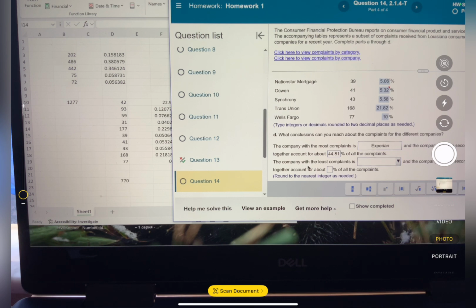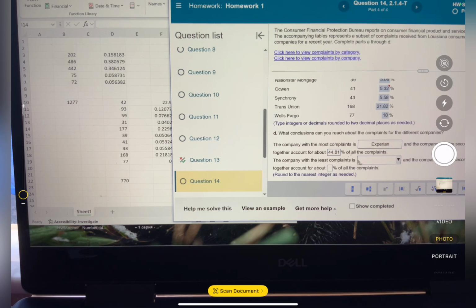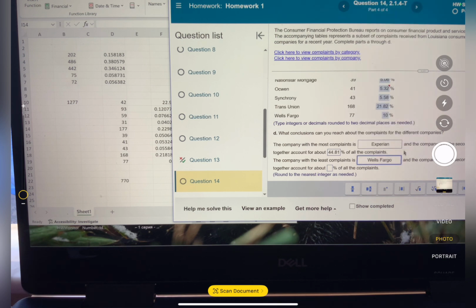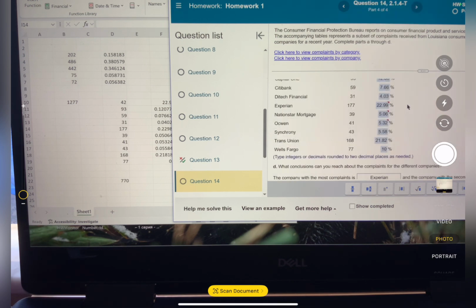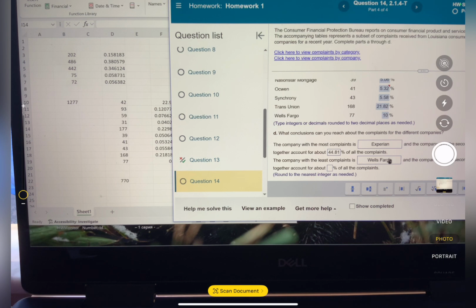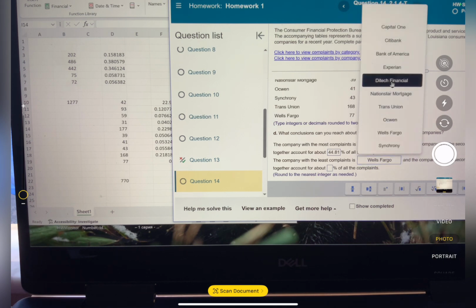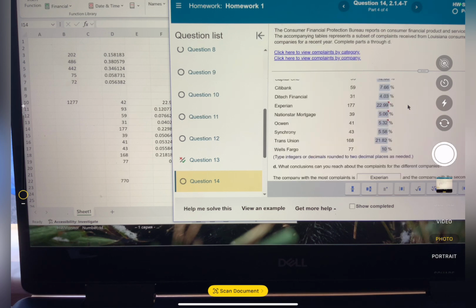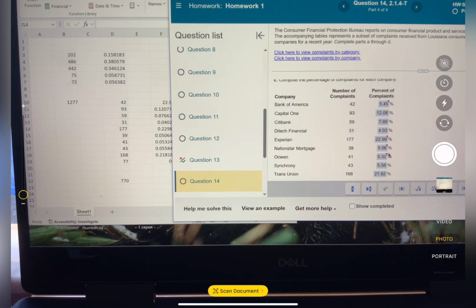The company with the least complaints is Wells Fargo. And with the second least complaints, no, 403, Ditech Financial. With the second least, so 403 and then 506, which is Nation Star.